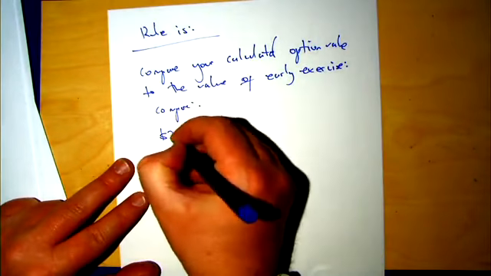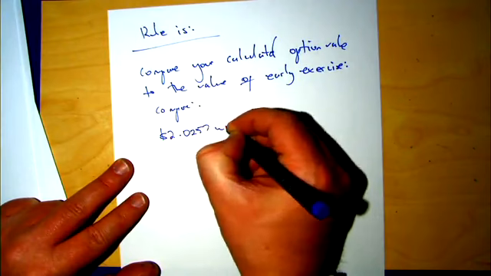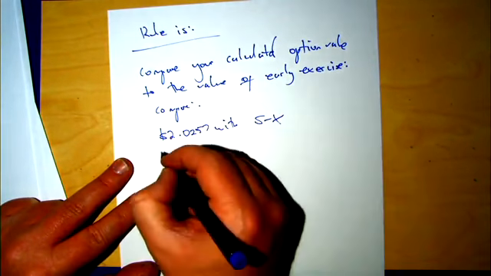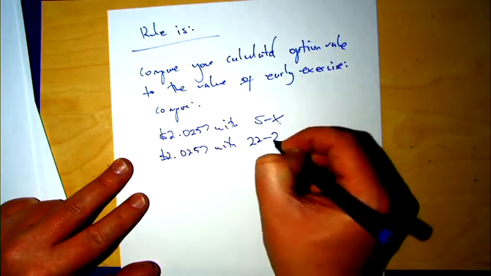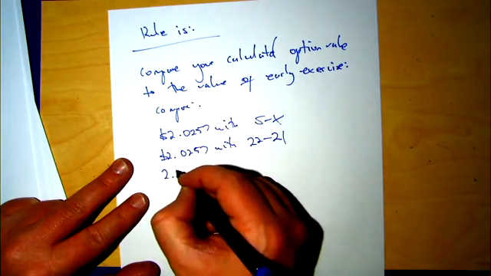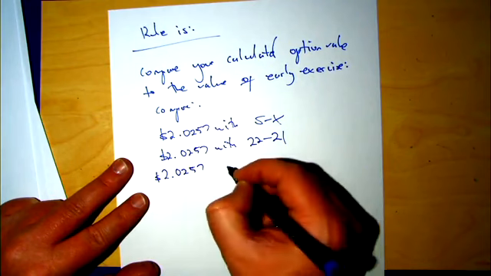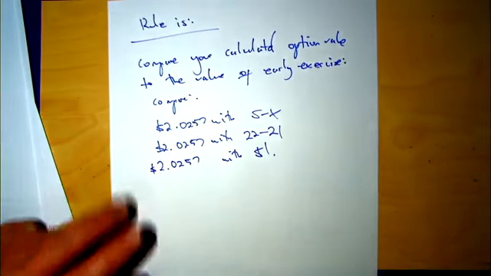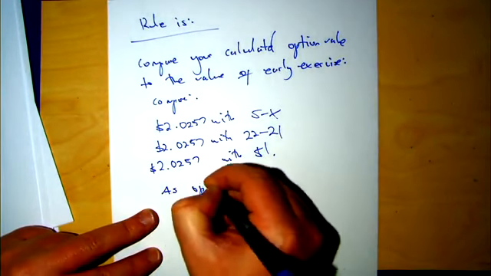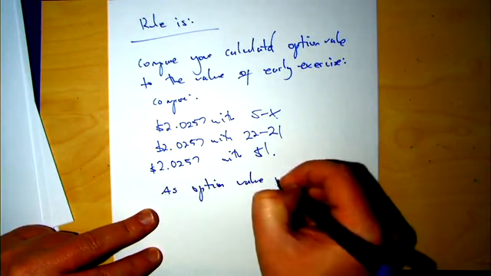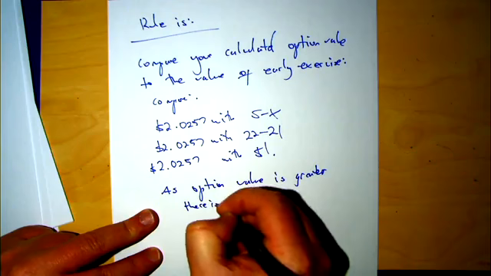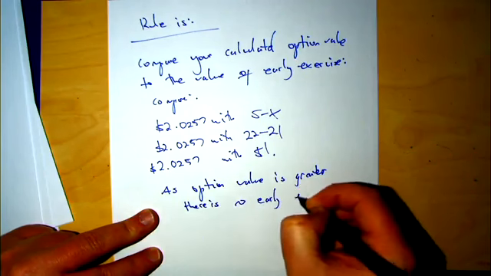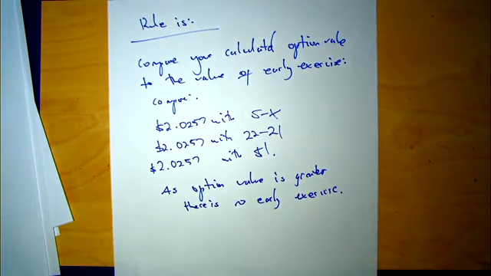So I compare 2.0257 with S minus X. So 2.0257 with 22 minus 21. So 2.0257 with $1. As the option value is greater, there is no early exercise. Okay, so you don't exercise early with this American option.